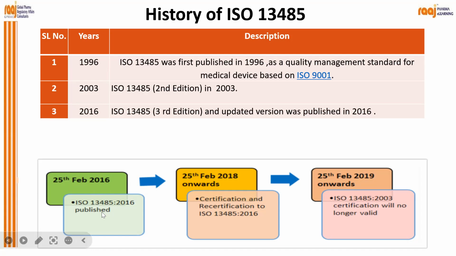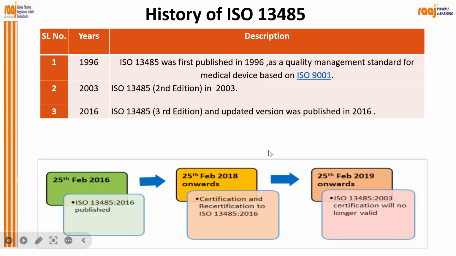Many years have been completed, and from 25th Feb 2018 onwards, certification and recertification happened. Otherwise, people used to use the second edition. When the third edition was published in 2016, they gave sufficient time, and from 2019 onwards, the old standard was no longer valid. So 2019 onwards it has become mandatory to follow.